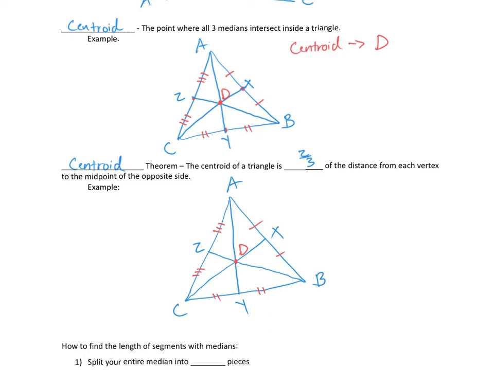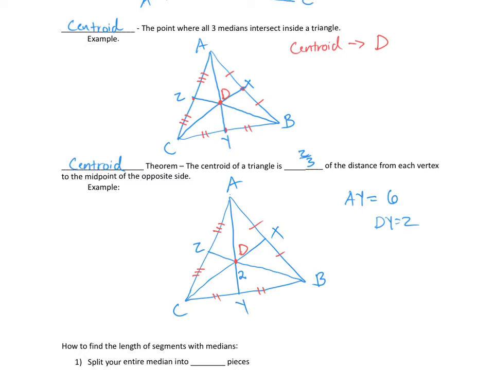So if the whole distance AY equals, we'll say, 6, then we break up 6 into thirds. 6 divided by 3 is 2, so DY must equal 2.